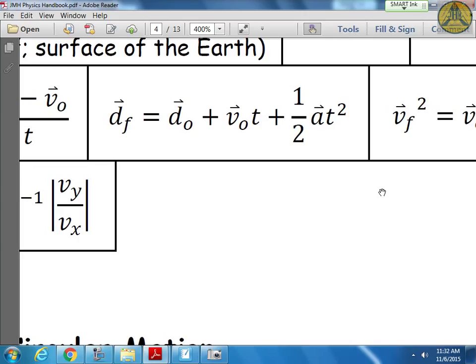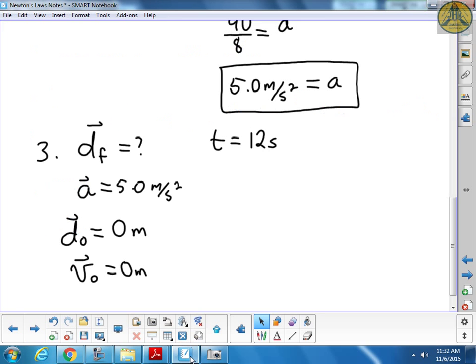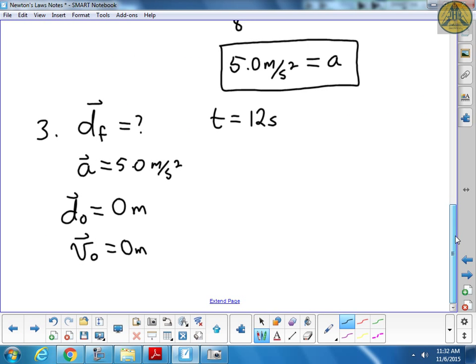A is 5, t is 12. Please don't forget that 0 multiplied by anything is 0. If you do this question too quickly, I've seen it happen already where people write down 12. It's not 1 times 12, it's 0 times 12. And that's just a little thing maybe from going too fast.